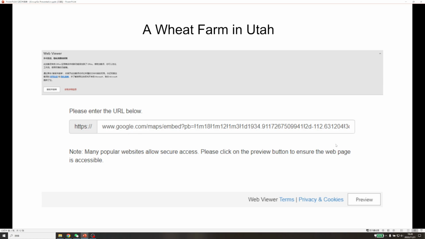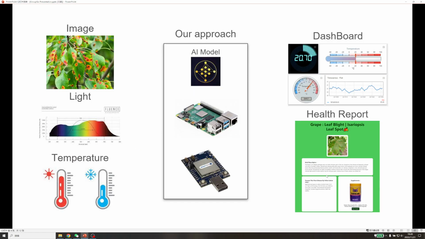It should show some pictures taken by drones in Utah to show the plant disease and how it is caused, etc. And then we introduce our project: we take images, measure the light and temperature, and this is how we did it, and this is what should be seen on the Things Board.